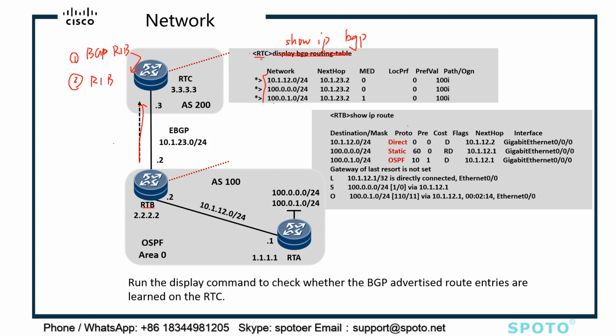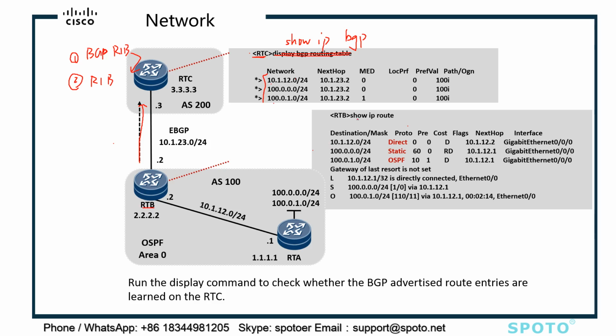In this situation, we first use the command show IP BGP to check the BGP neighbor, and we can find RTC can learn the route from RTB. When we try to advertise the route, we have 2 points here. First of all, if you want to advertise the route, you need to ensure this route is already in your IGP protocol.